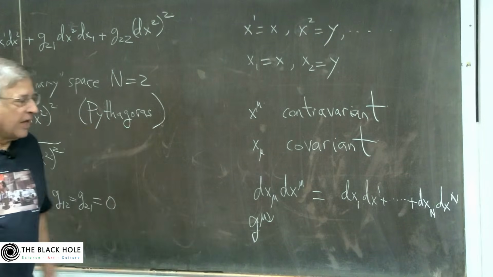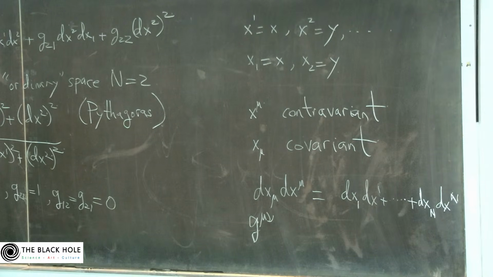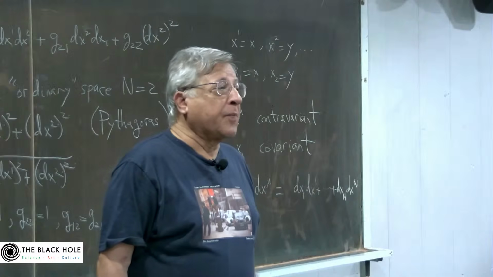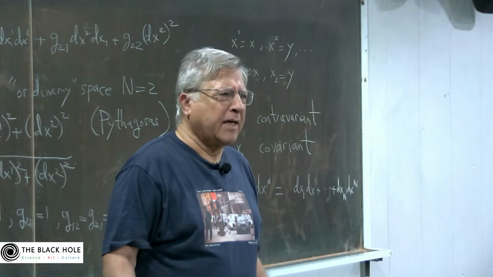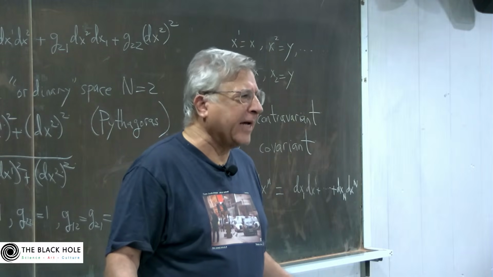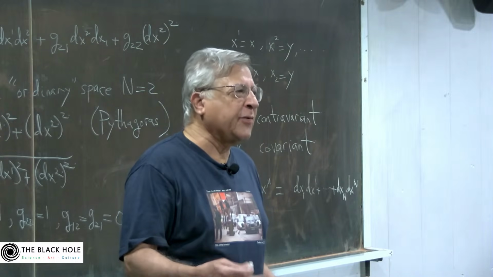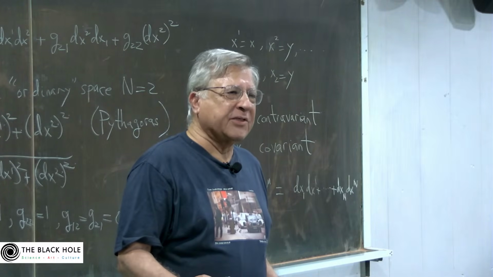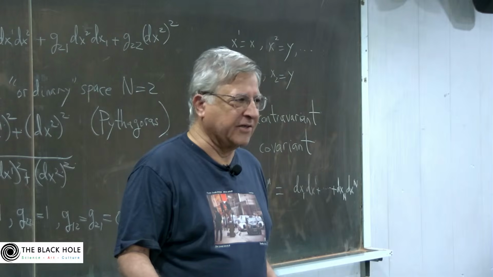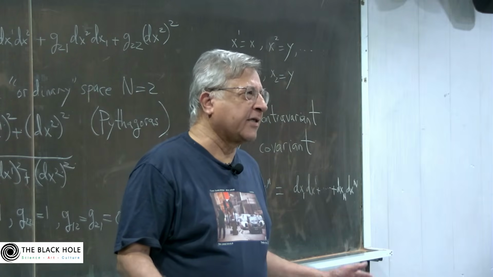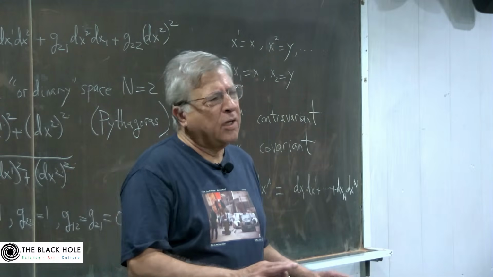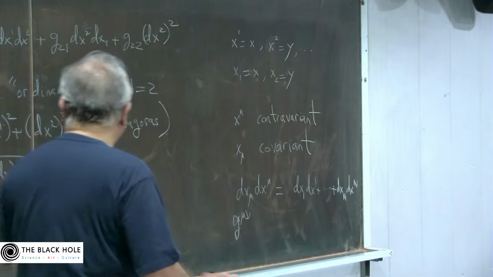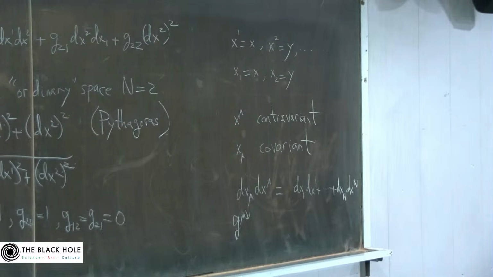So just names for now, but these names will be important when we come to space-time. If you're in just plain space, it's okay, but when you include time, time comes in with a negative signature, and that's where the difference between covariant and contravariant will be important. But for now, we're just going to do with plain space.